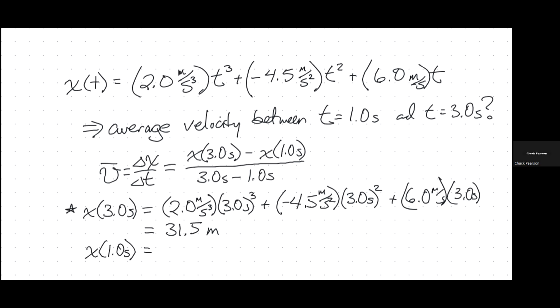So let's do 2.0 meters per second cubed times 1, plus negative 4.5 meters per second squared times 1, plus 6 meters per second times 1.